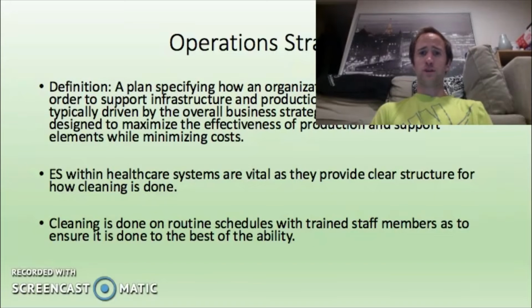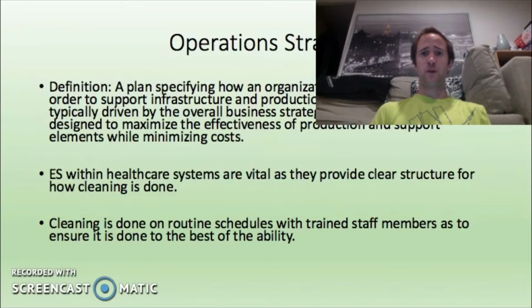So looking at the operation strategy, first I wanted to find what operation strategy is. The definition that I found is it's a plan on how the organization is going to allocate resources in order to support the infrastructure and production.